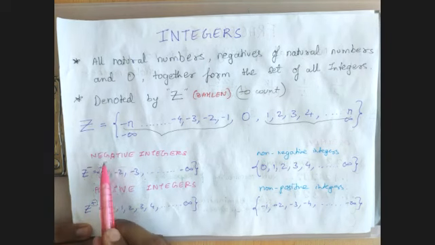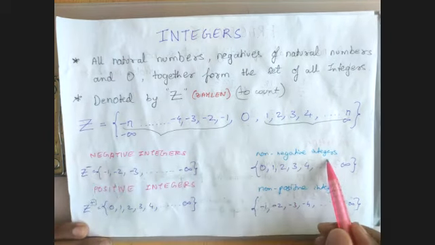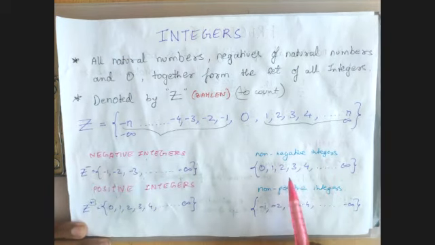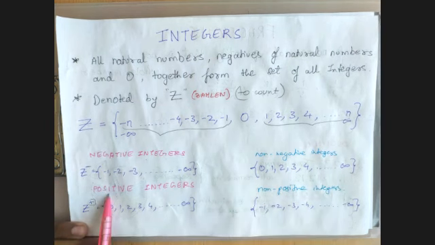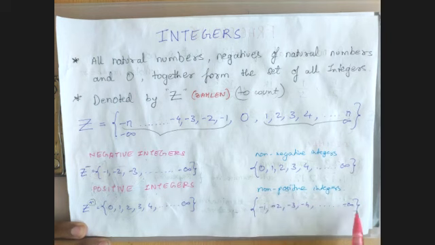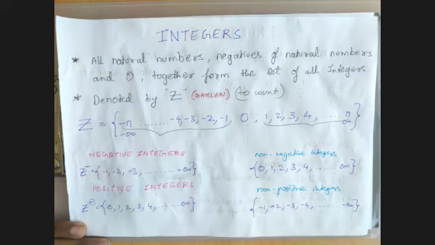So when I define a negative integer, I can define a non-negative integer. A non-negative integer is nothing but the positive integers. And when I define a positive integer, I can define non-positive integers. That is nothing but our negative integers, -1, -2 till -infinity.